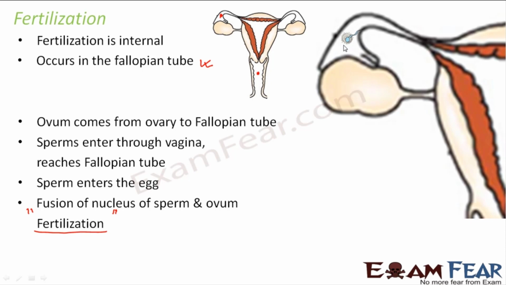No, it is not like that. The lifespan of an egg is very, very small. From the time the egg got released from the ovary, it will remain alive only for 24 hours, just 24 hours. So if a sperm comes and fertilizes it within these 24 hours, only then fertilization will happen. If the ovum doesn't meet any sperm in the 24 hours, then what will happen to the ovum? The ovum will degenerate itself.